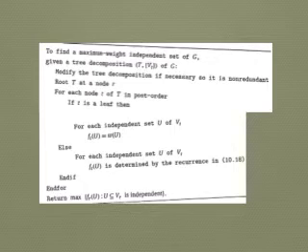For each node t of T in post-order, if t is a leaf, then for each independent set U of Vt, f_t(U) is equal to w(U); else for each independent set U of Vt, f_t(U) is determined by the recurrence in 10.18.